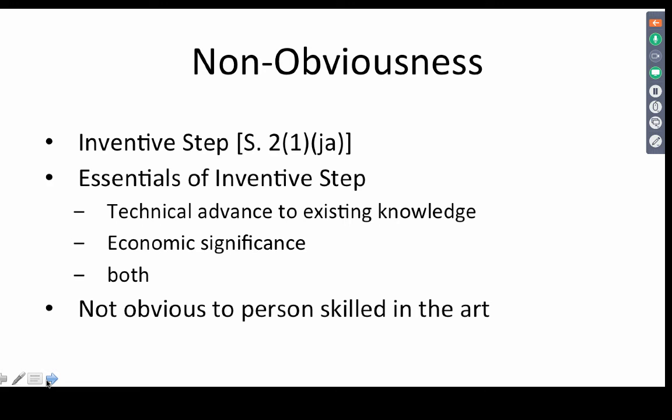Here you say anything that is in the common general knowledge, and common general knowledge is not defined, and anything that can be attributed to a person without undue experimentation becomes a part of the knowledge which that person has. So it becomes very hard for inventions to get over this, and this is precisely the reason why many patents have been revoked using this ground.